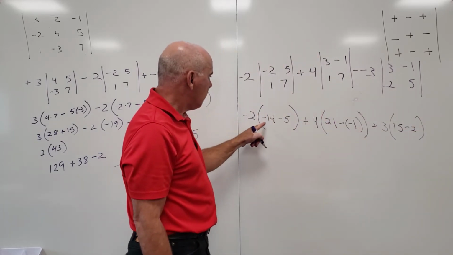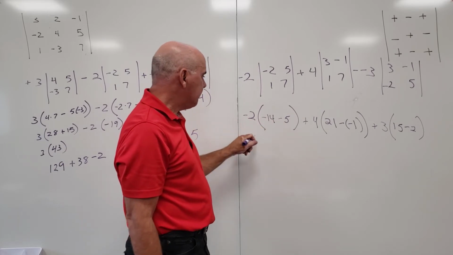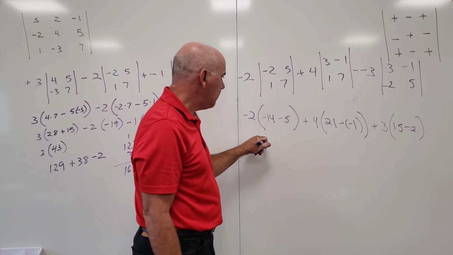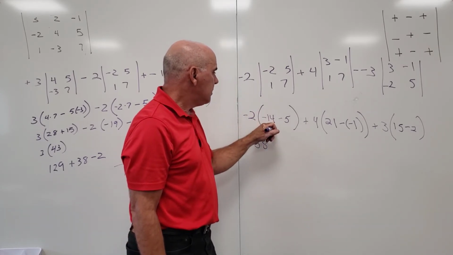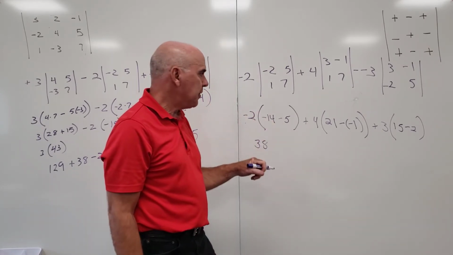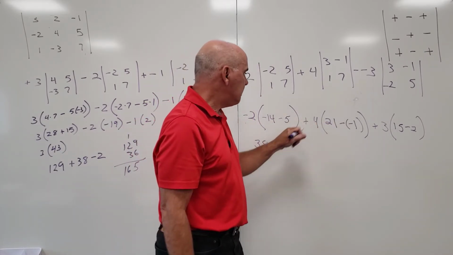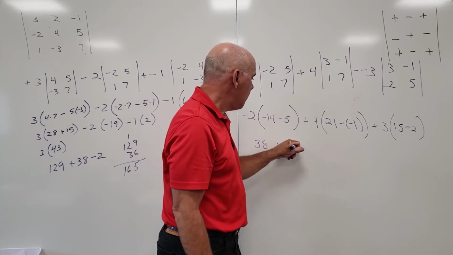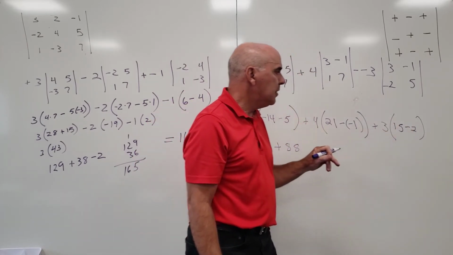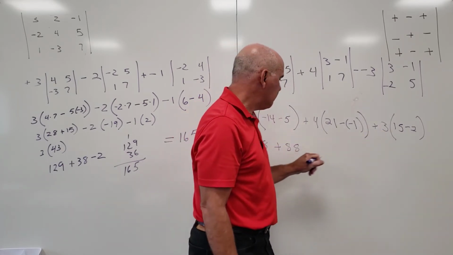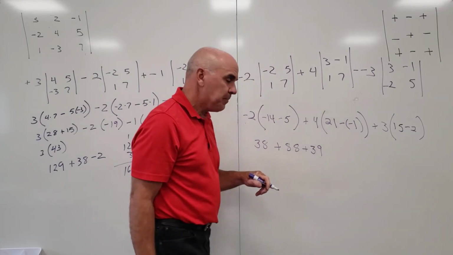What do I have here? I have -19 times -2, so that's positive 38. And then 21 minus -1, so that's 22. 22 times 4 is 88. And then finally 15 minus 2, that's 13. 13 times 3 is 39.